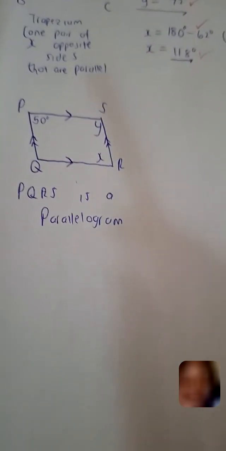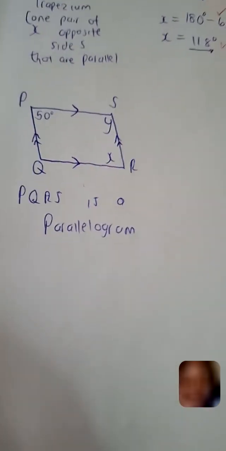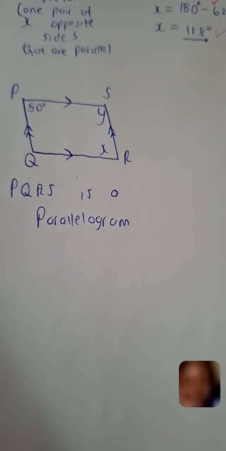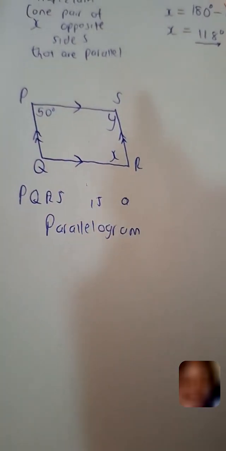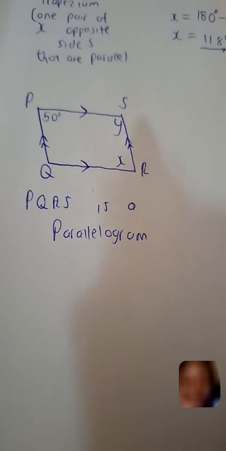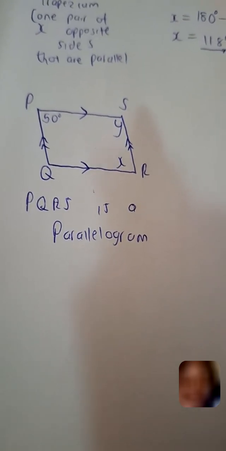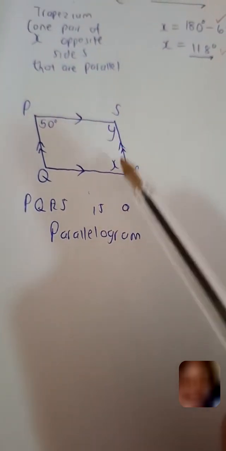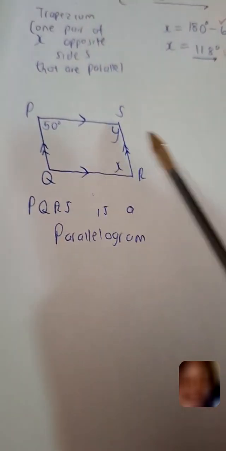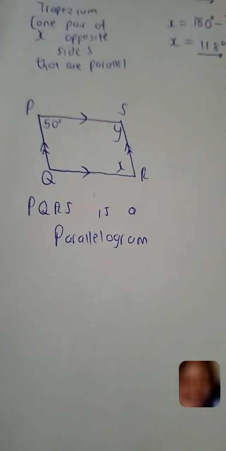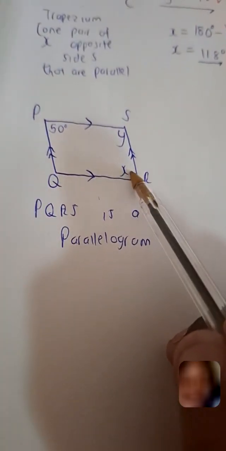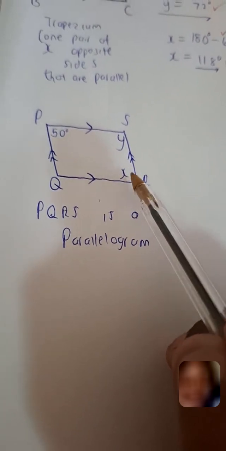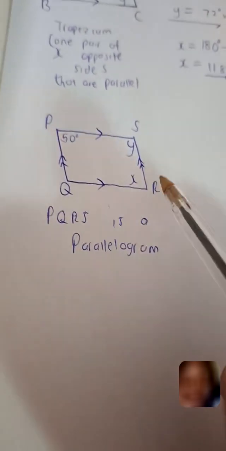So Kia, what are your thoughts? 180 minus 50? No. Wait, 180 minus... So which angle are you finding? Are you finding y or x? Remember this is a parallelogram, so x. Okay, to find x, what relationship exists between x and 50 degrees?